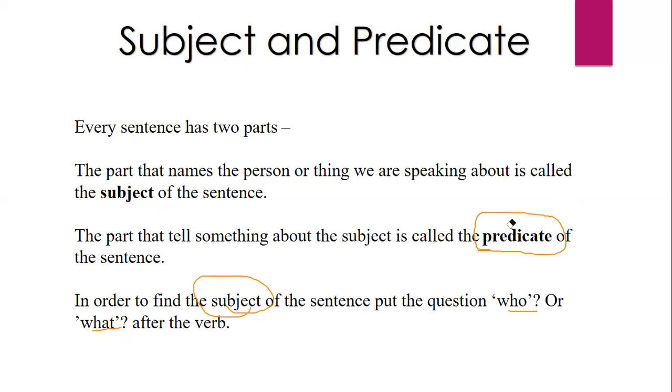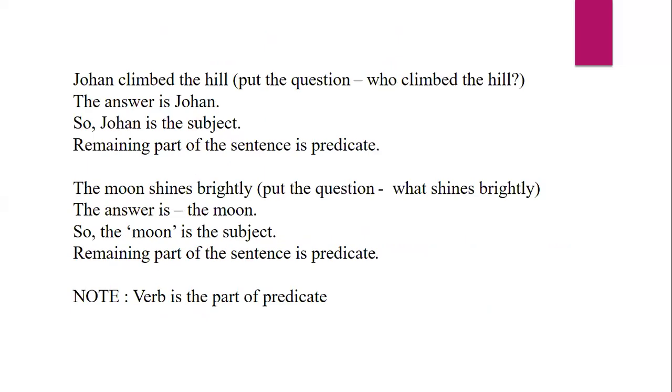The part that tells something about a person or a thing, we call the predicate. And the next clue is, to find the subject of the sentence, we can put who or what before the verb. So with this, we can identify the subject and predicate.